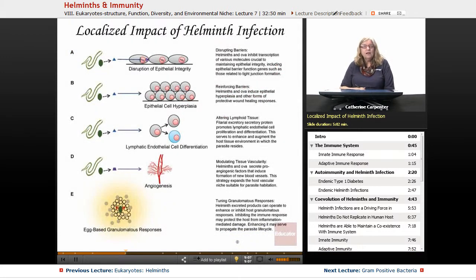Now, the helminth doesn't just develop this relationship with the immune system. It also has a whole localized effect as well.